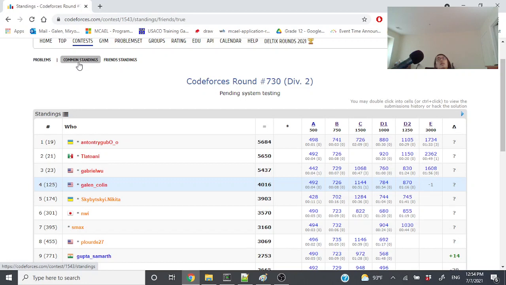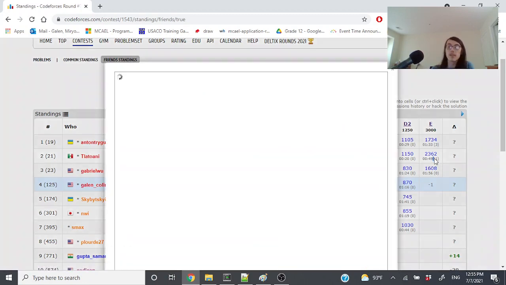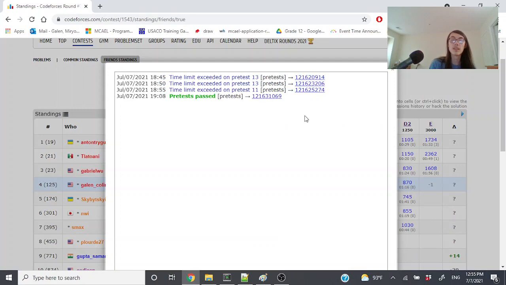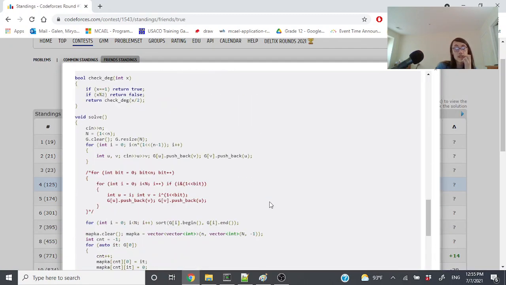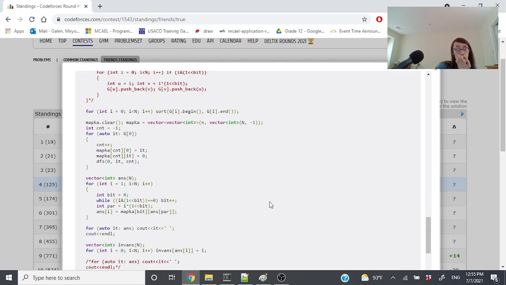Can it be mod? I don't know if it can. I don't think it can. I don't know what it has to do with that. Not coding. What else is the thing?